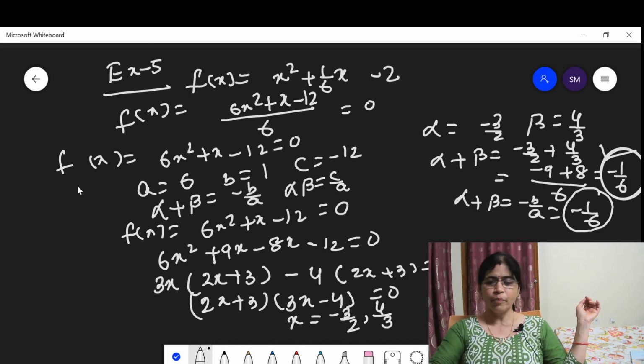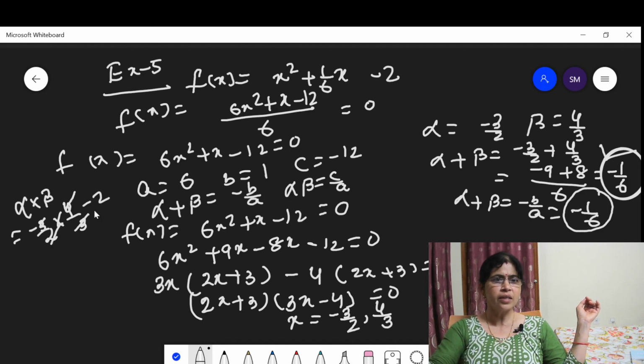Now let us find out the product of the two zeros, alpha into beta. Here alpha is minus 3 by 2 into 4 by 3. 3 cancels, then this is equal to minus 2, and as per the formula alpha into beta is C upon A. Here C is minus 12, A is 6.